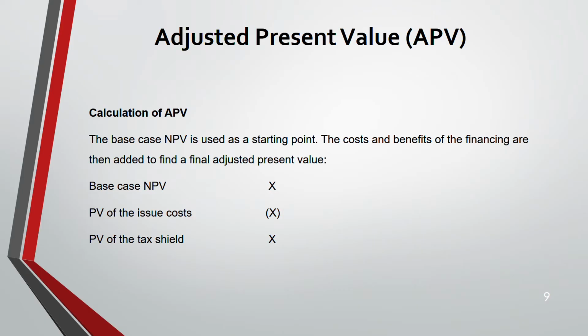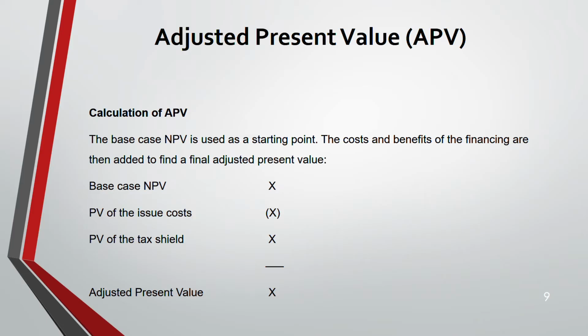Tax shield is an advantage, a benefit, so you add. Issue cost is a cost, so you deduct. The present value should be for issue cost as well as tax shield because they are costs of financing. So for financing you have to find the present value. Then what you get is known as adjusted present value. Now this is not all. We have additional things to add and deduct before we reach the adjusted present value.